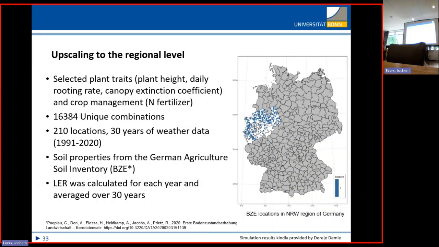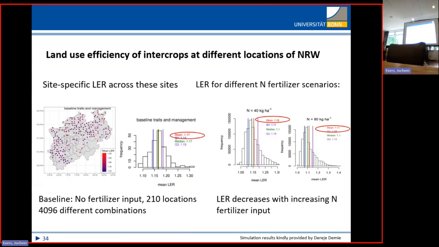And then he calculated the LER for each year, and then he averaged it over the 30 years. And what you get then, so this is, you cannot see that at all. This is the map of NRW, and these points are the soil locations, where we have in-depth information about the soil properties.